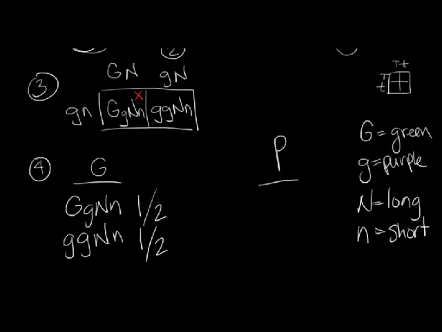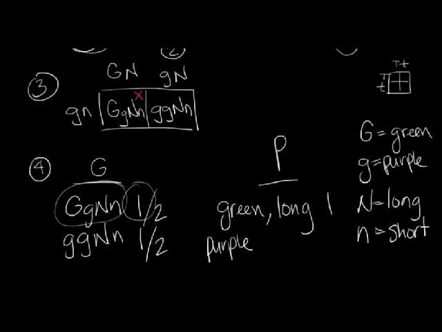Okay, so this one here, that is green with a long neck. And how many did we write? We wrote 1. So our next one is purple, and that is going to be long. And how many did we write? We wrote 1. How many boxes? We have 2. And that is it.